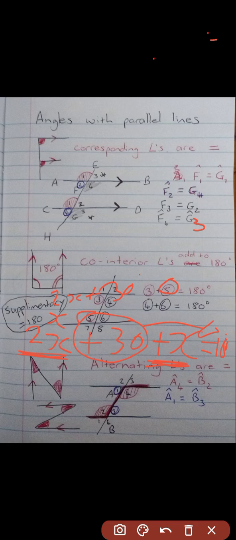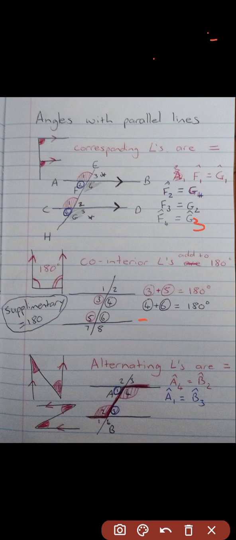So we have 3x equals 180 minus 30, which is 150. Then we divide by 3, and our x is 50 degrees. I'm not going to write the whole thing out because it's just going to become a big mess, but I'll do some more examples a bit later. And the same thing here with the 4 and the 6, as I said.